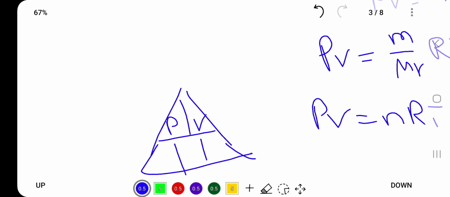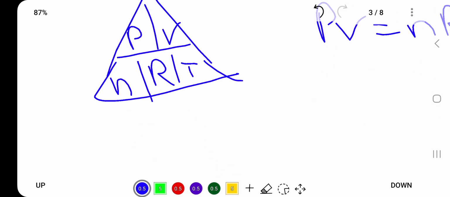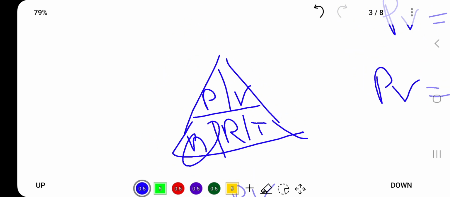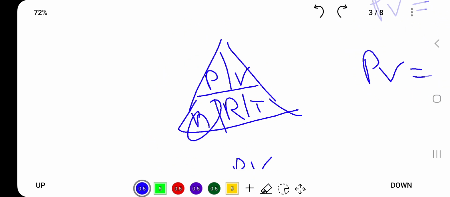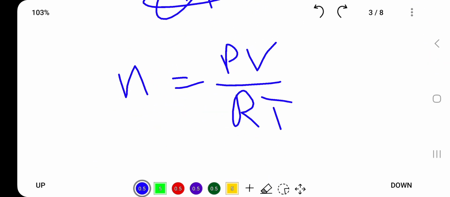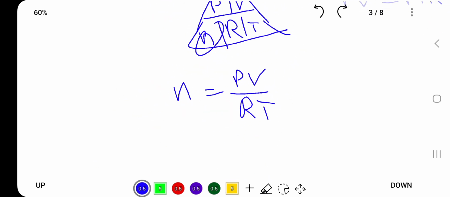PV equals nRT. So you want n, right? n equals PV over RT. You just need to understand the use of the triangle. It's really very easy. This shows the divide sign, so it's exactly what I mean here. Right, so now you have n.